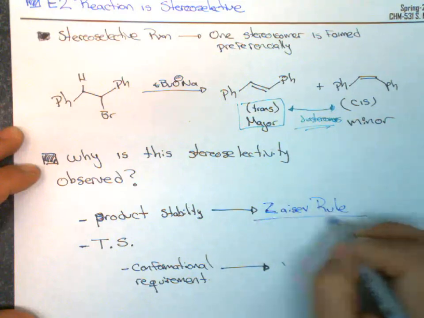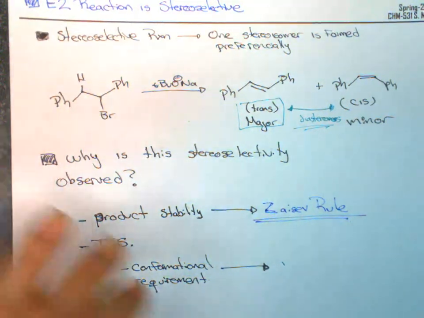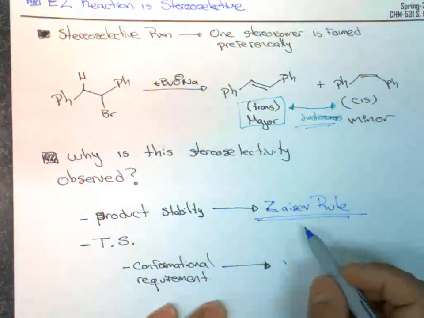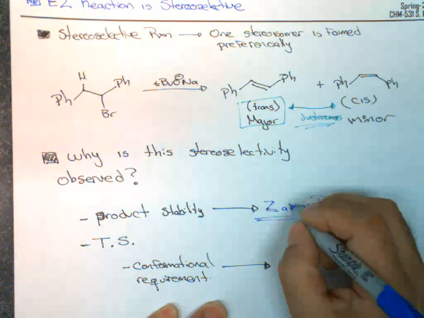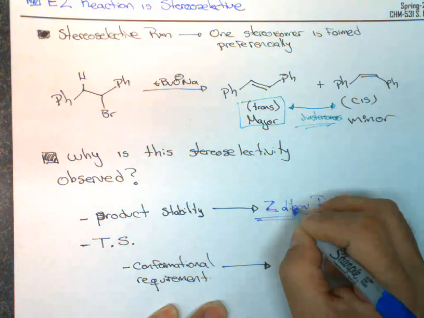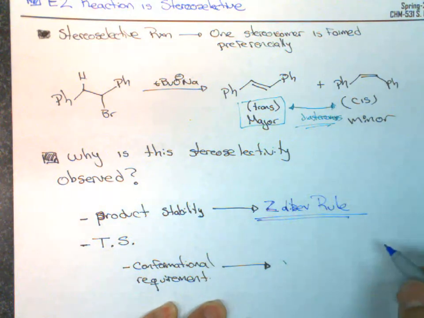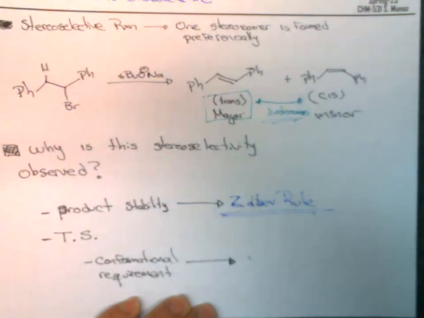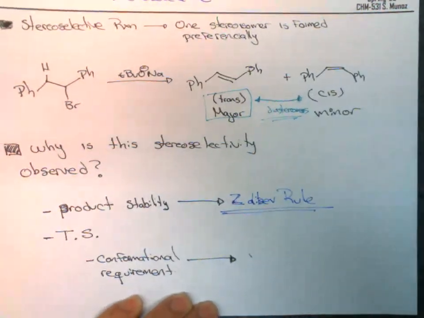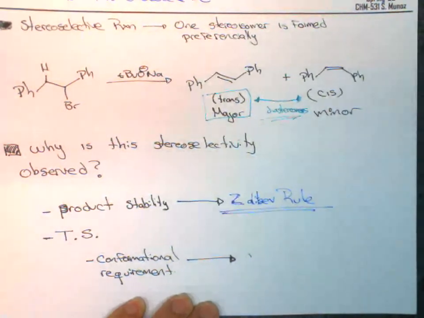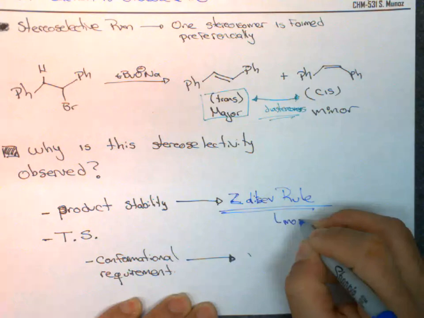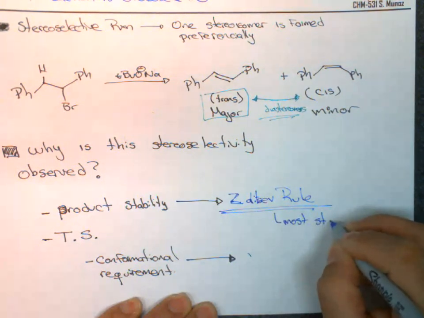And you know about the Zaitsev rule. What does the Zaitsev rule say? You would form what type of alkene? The most substituted is going to be formed because of? You would form the most stable alkene.